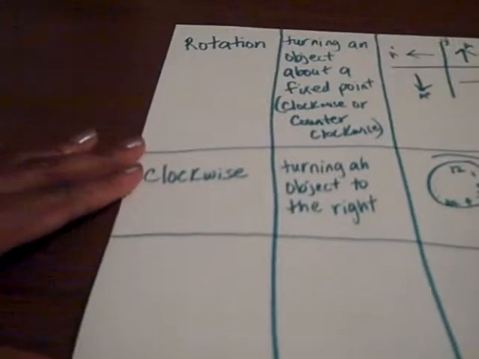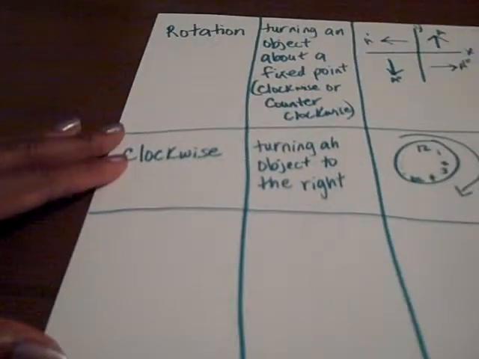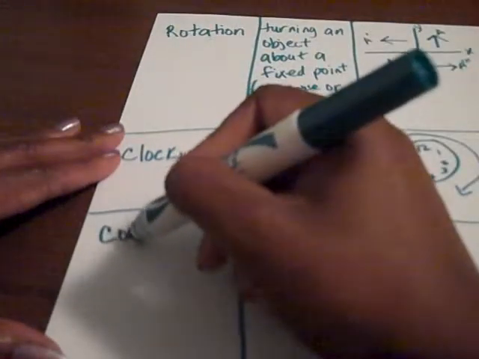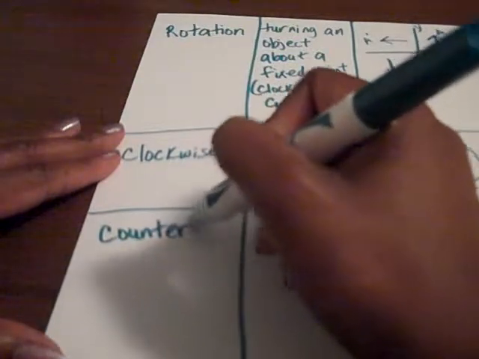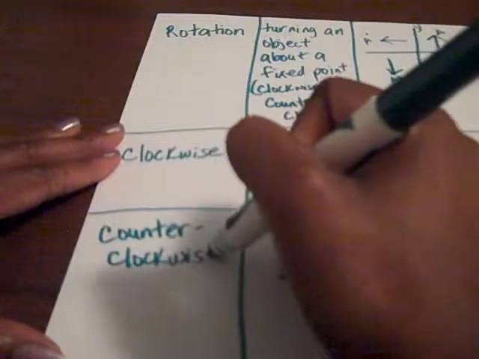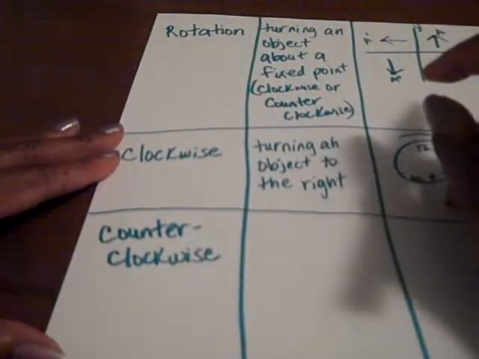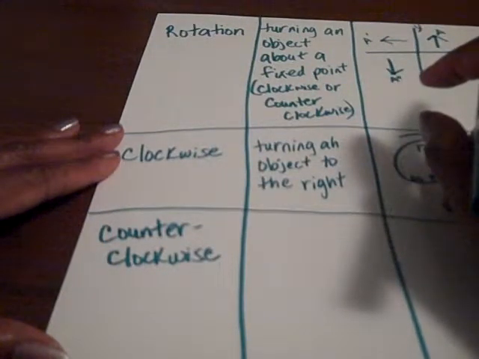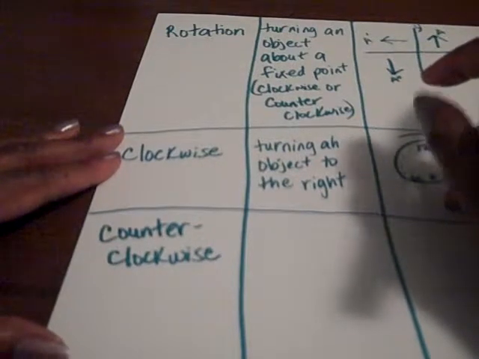Our next term is going to be counterclockwise. Counter meaning against or opposite. So again here, this simply means that we're going to go in the opposite direction that a clock would turn.